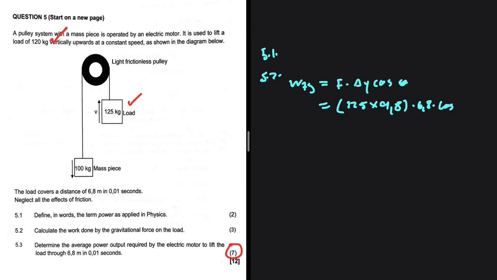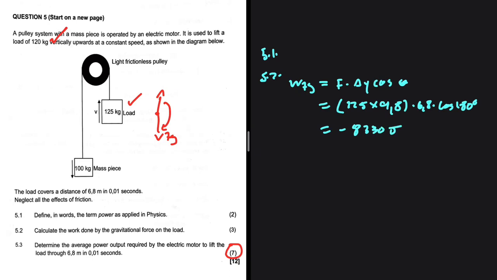Well, gravity is acting downwards, obviously, but the load is moving upwards. So we have an angle of 180 degrees. If you put that on your calculator, you're going to get minus 8,330 joules as the work done by the gravitational force on the load.